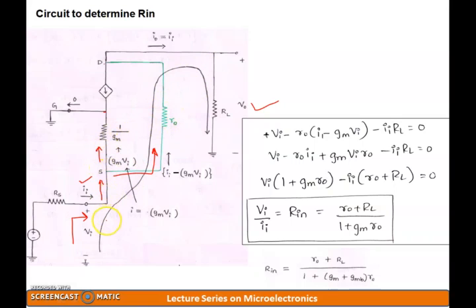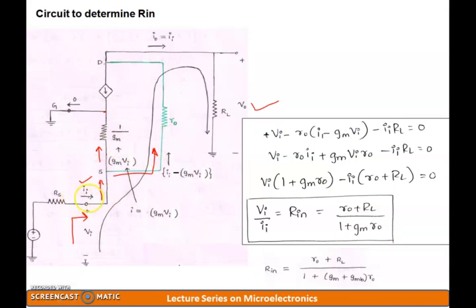and I also know that the current passing through this ro terminal reaches the RL value over here. So I'll apply Kirchhoff's current law to get the two different currents passing through 1 over gm and ro.